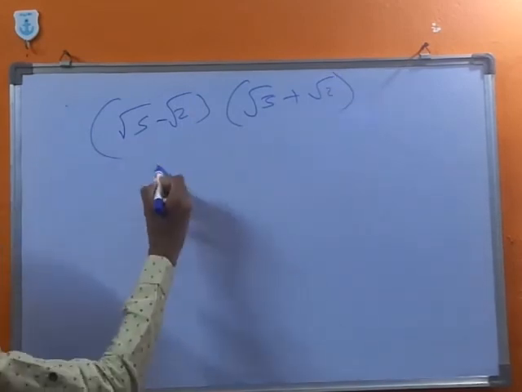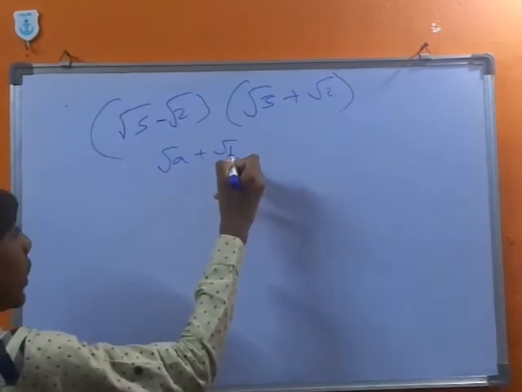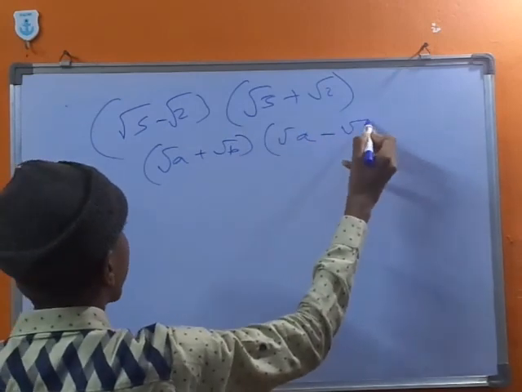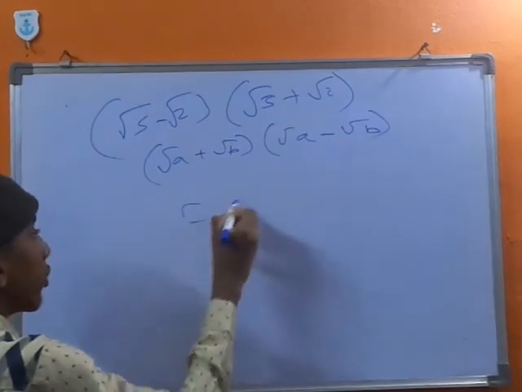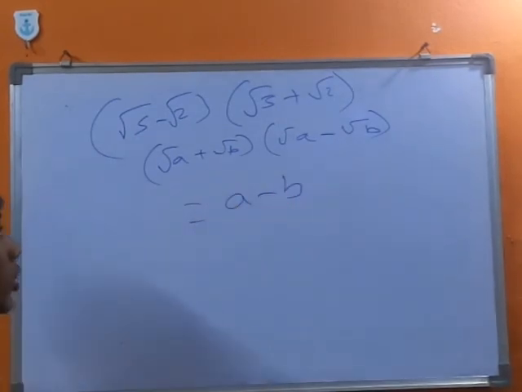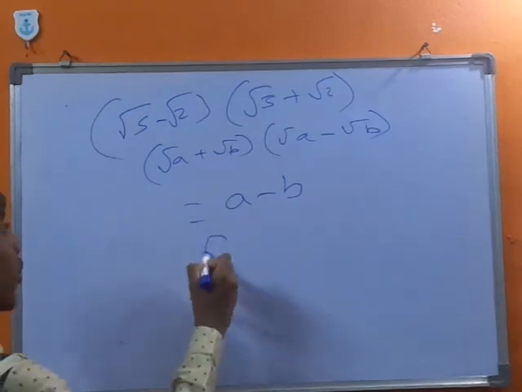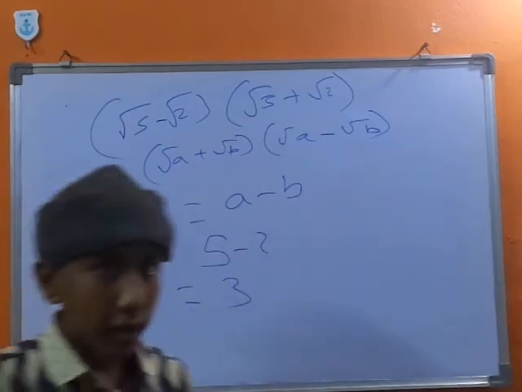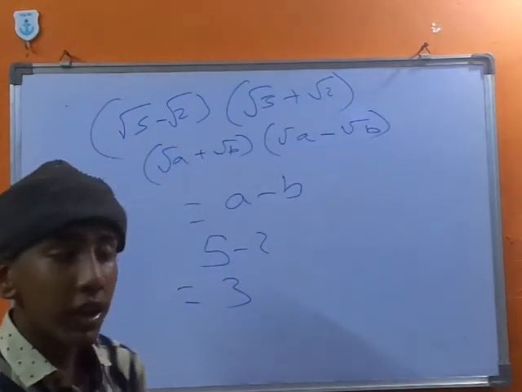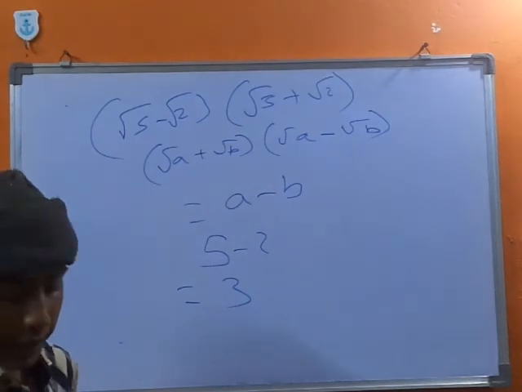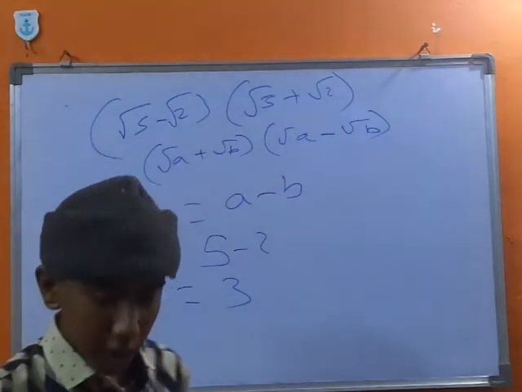So we will use the root a plus root b multiplied by root a minus root b identity, which is equal to a minus b. So what is a? 5. What is b? 2. Answer 3. That's all.